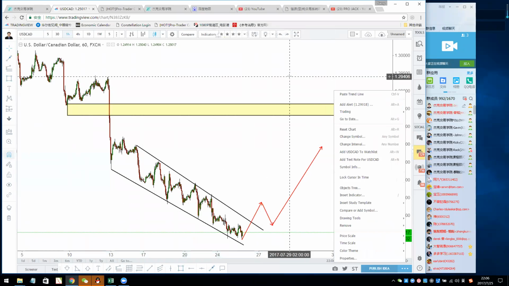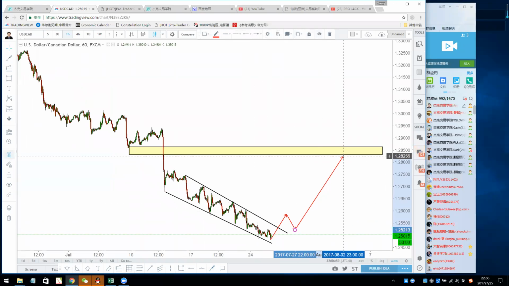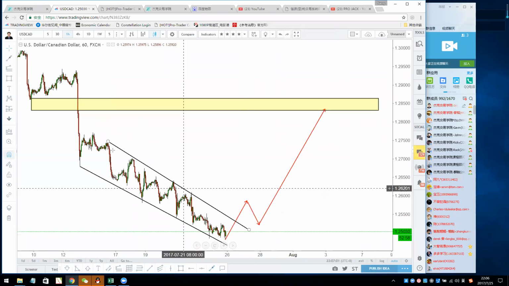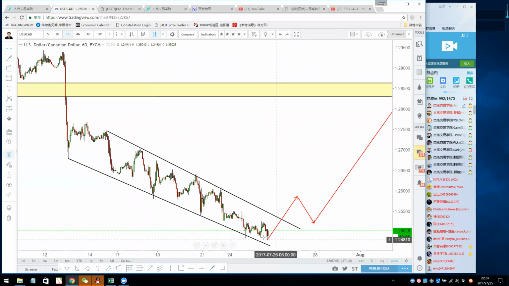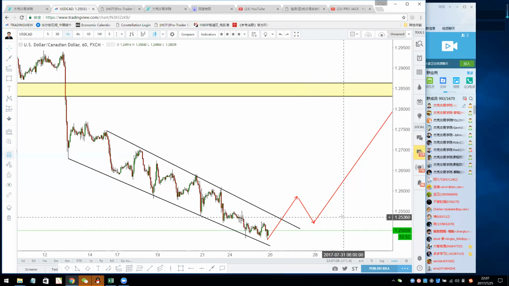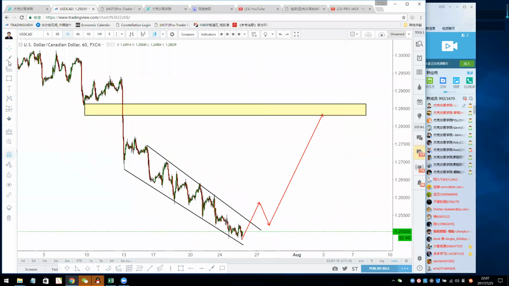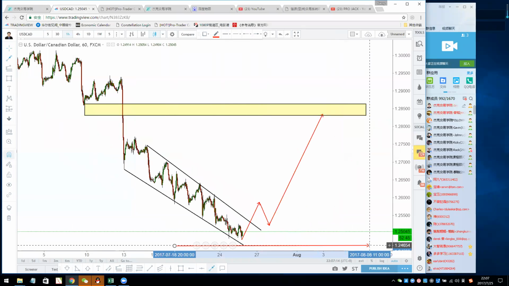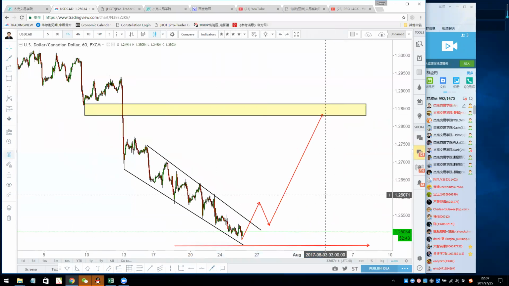That's a potential rally target. So you have to wait carefully and patiently for the channel to be broken and trade the potential second buying opportunity. And of course, your stop loss should be below 1.22465.